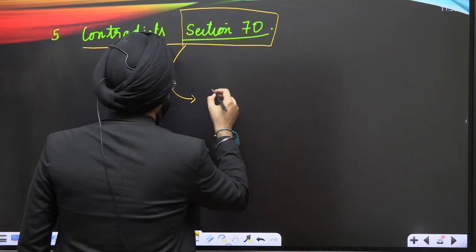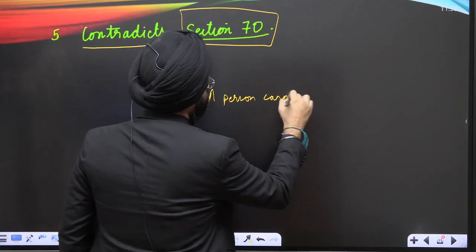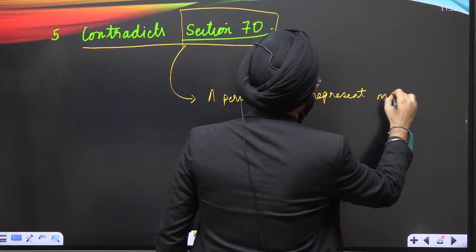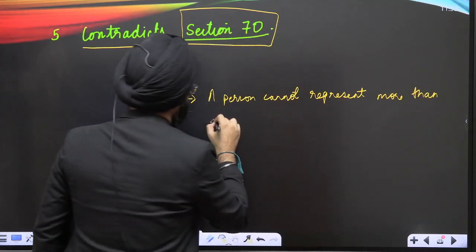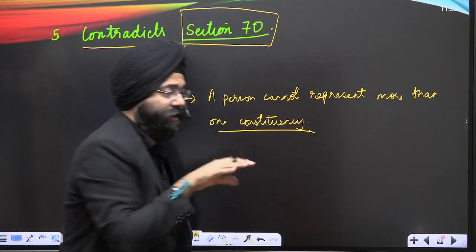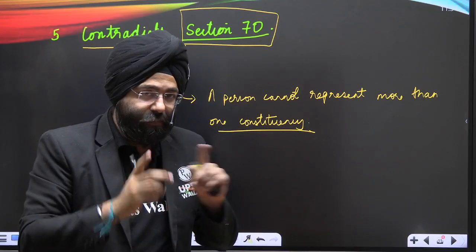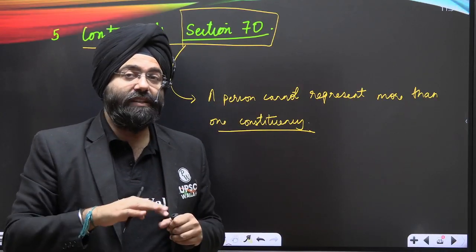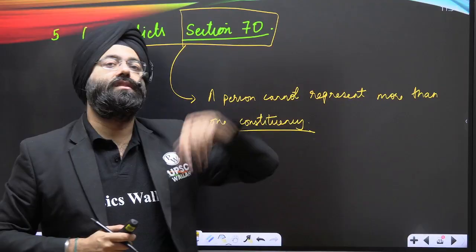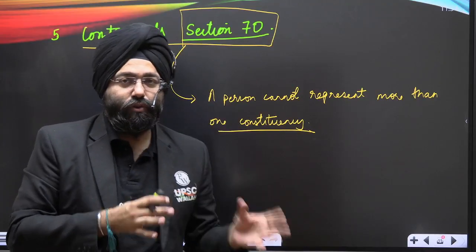That means a person cannot represent more than one constituency, because a person might have won two constituencies in both the places where he has been fighting election. He cannot represent both the constituencies. You'll have to give up one seat. This also happens in case of the state legislature and member of parliament election also. So you cannot be a member of parliament and a member of state legislature also. And similarly, you cannot be a member of parliament from two constituencies or member of legislature from two constituencies. You have to give up one.